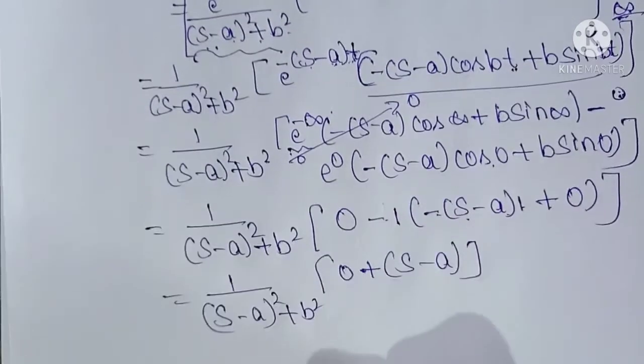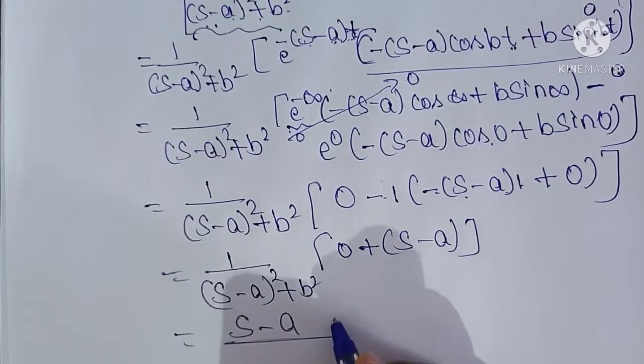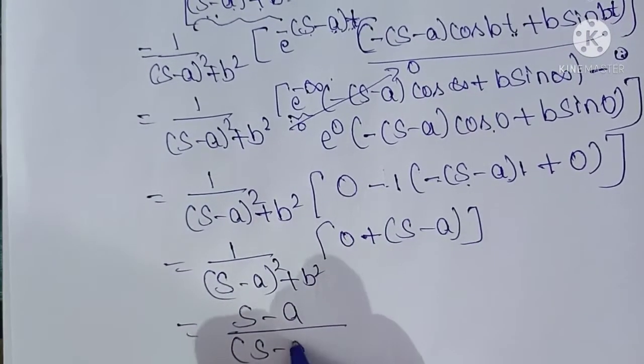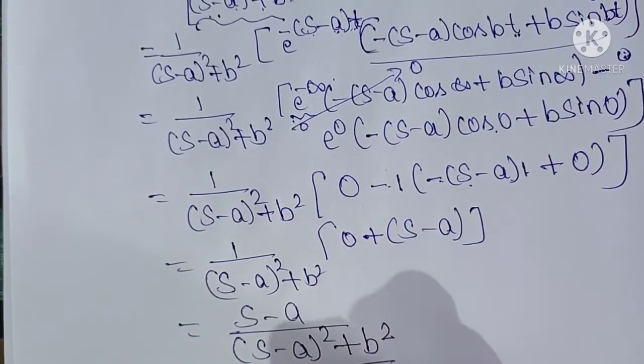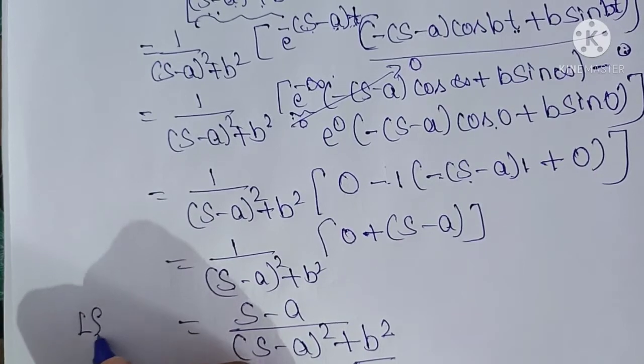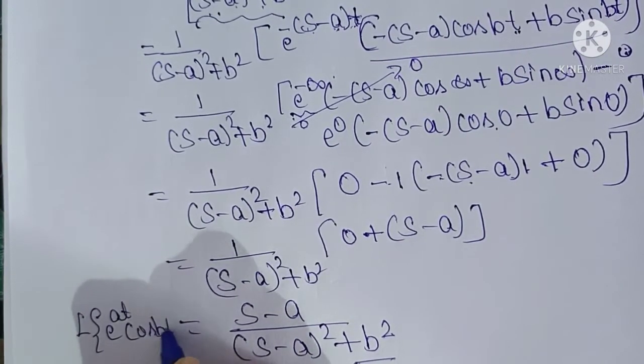Therefore 0 plus (s minus a) is (s minus a) divided by (s minus a) whole square plus b square. This is the required Laplace transform of e power at cos bt.